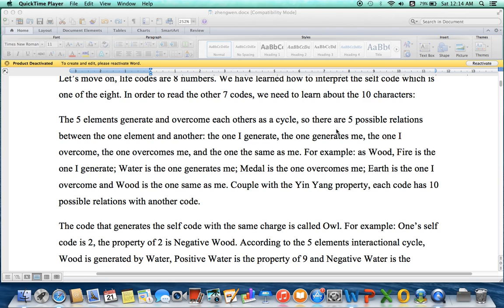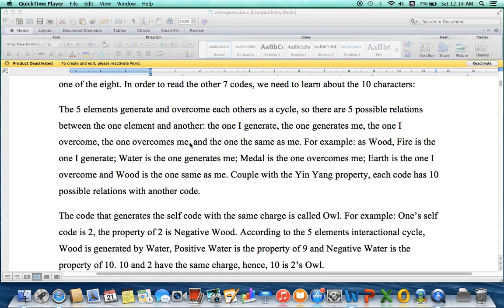So there are 5 possible relations between one element and another. Let's say as one element, no matter which one, there are 5 possible relations between this element and the other element: the one I generate, the one that generates me, the one I overcome, the one that overcomes me, and the one same as me.